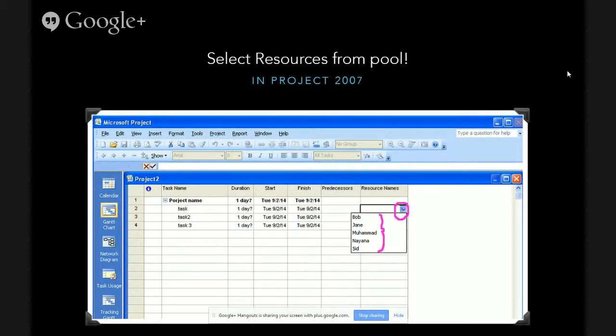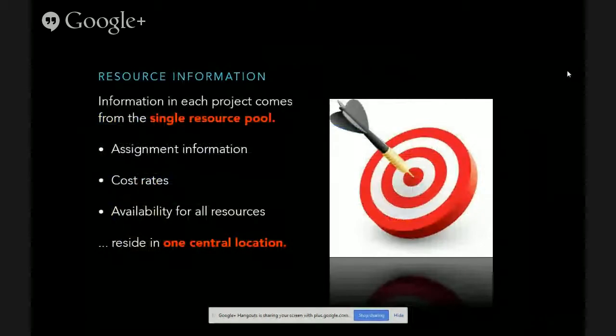Once it's shared, you go back to your project file, and whenever you click on the resources drop-down list, you'll see all the resources being read directly from that resource pool that we connected to. Okay? So that's pretty much what you do.